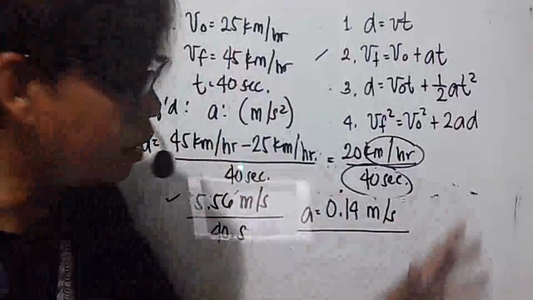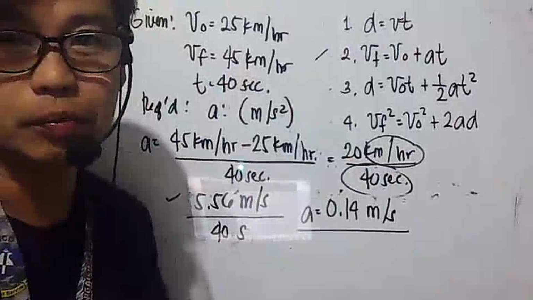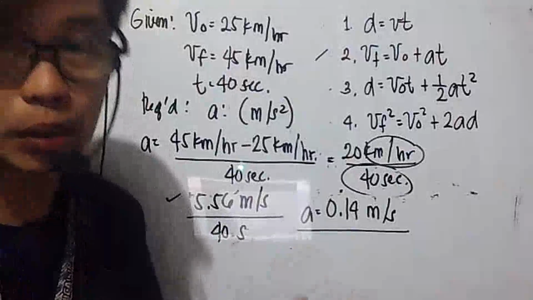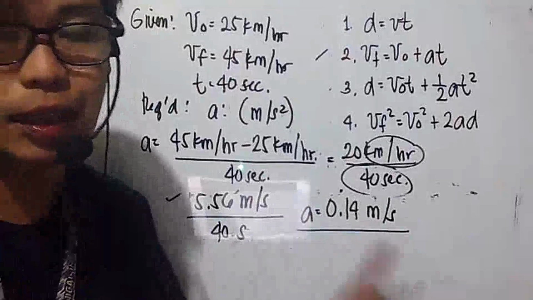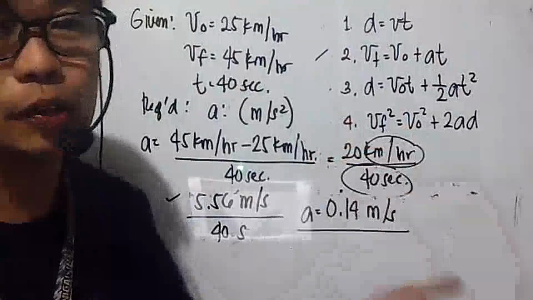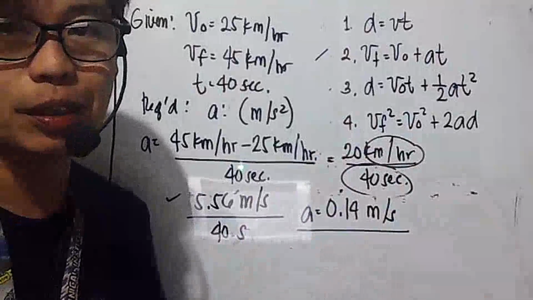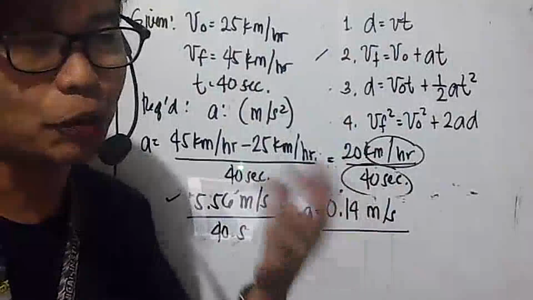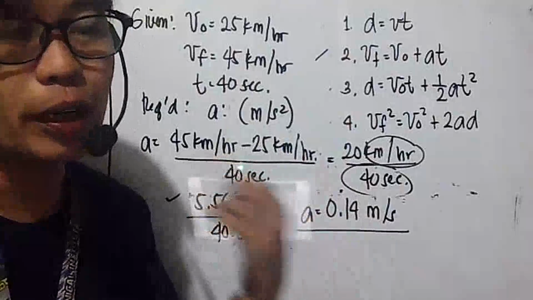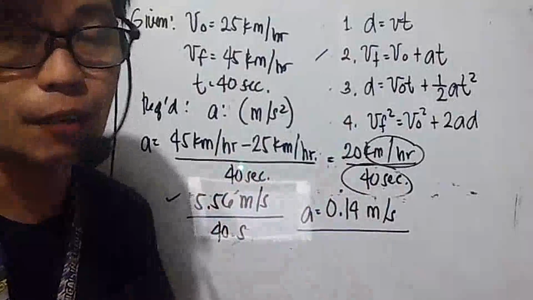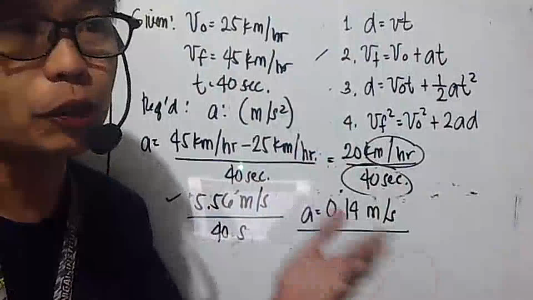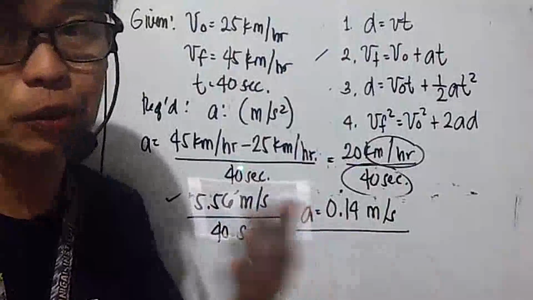Like we did, I think it's common from senior high and so on how to convert this distance and then time, from hours to seconds and kilometers to meters. I think you know that 1 kilometer is equal to 1,000 meters and 1 hour is equal to 3,600 seconds. If not, 1 hour is equal to 60 minutes first, and then 1 minute is equal to 60 seconds.